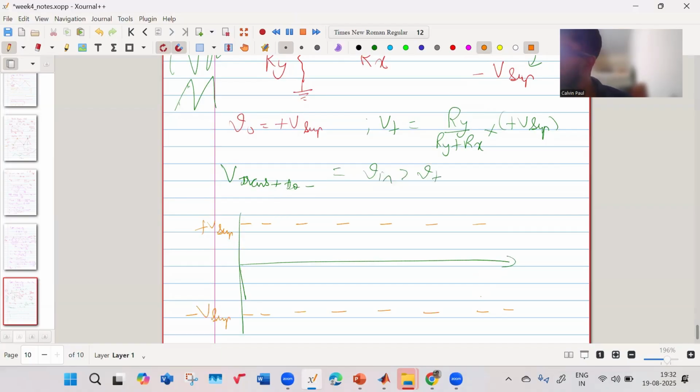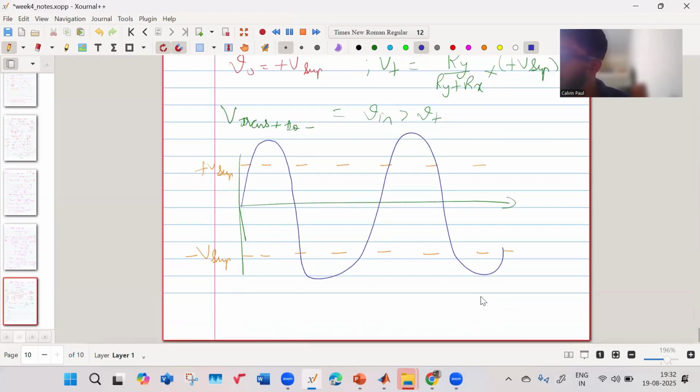Assume you have some signal, let us say a sine wave, going like this. It's a very distorted sine wave, ignore it. So what will be the output of my comparator? What will be my V output?